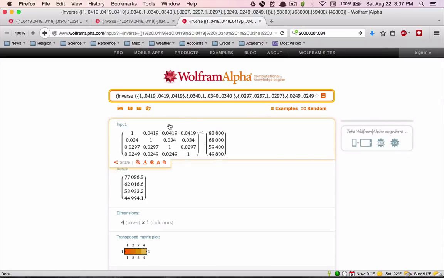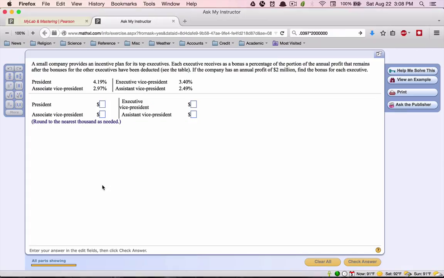So we've gone from AX equals B to finding X, and there's the X, the result, as the inverse of A times B. Now here are the four numbers that we come up with, to the nearest dime or whatever. But the actual problem asked you to round to the nearest thousand as needed.